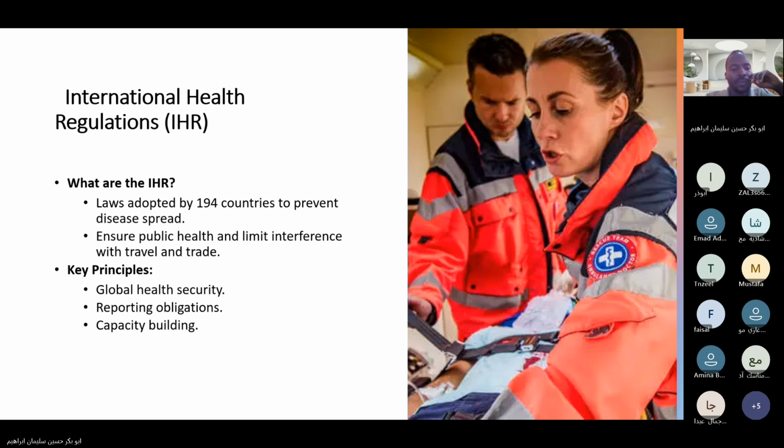Additionally, reporting obligation, because it's very important for countries to report.